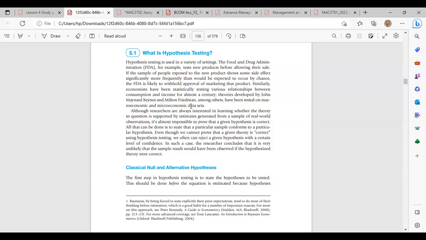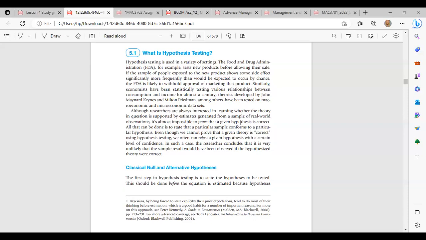But again, I must say it depends on what you are testing, right? Sometimes you're only testing data during a Great Depression so that you can come up with theories of how nations can pull themselves out of a Great Depression. Sometimes you're looking at economic boom, sometimes inflation, whatever the case is, right?